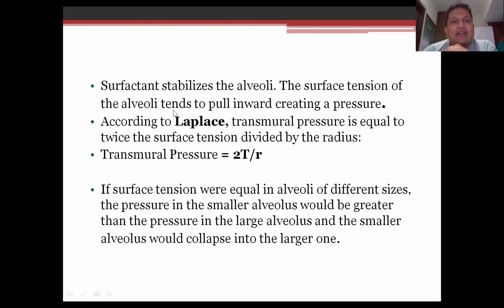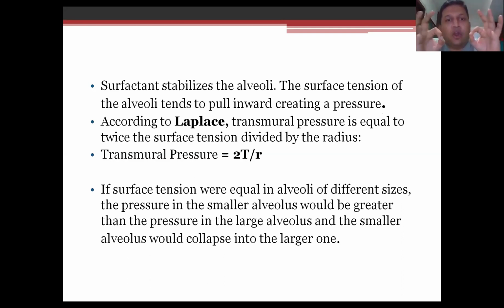Surface tension of the alveoli tends to pull inward, creating a pressure. There is a law, Laplace's law. This law is for things which don't have a substance like surfactant, only to understand surface tension, like in a balloon.